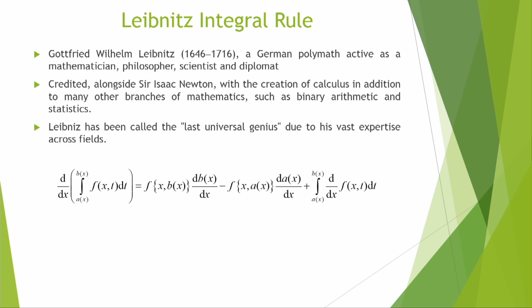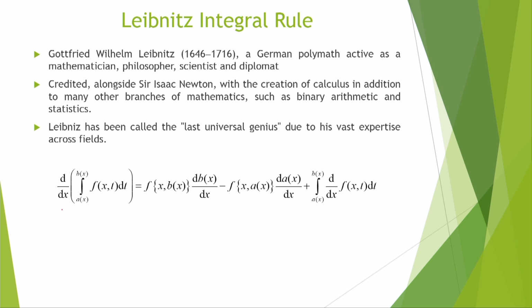It is said that he developed the calculus, but some people say no, Newton developed the calculus, so there is some controversy about that. He also worked on many other areas, binary arithmetic, statistics. Leibniz has been called the last universal genius due to his vast experience across fields. That means he worked in many fields.